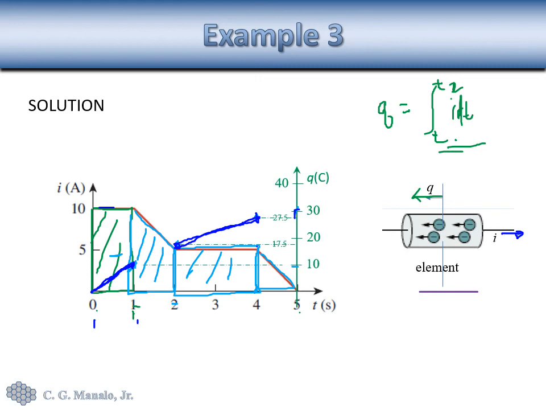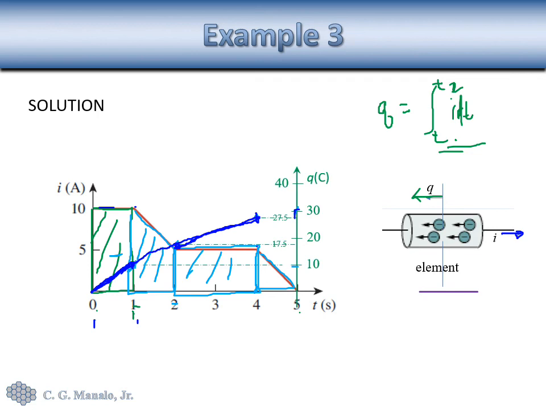And now between 1 and 2 seconds, take note that I is decreasing from 10 to 5 amperes. So that would mean that the slope of Q must be decreasing from 10, which is this slope. So the curve must look something like this and connect to the curve between 2 and 4 seconds.